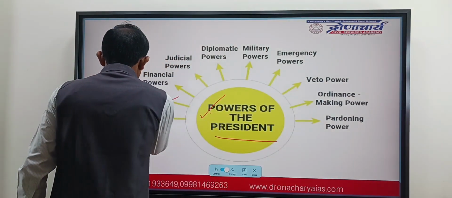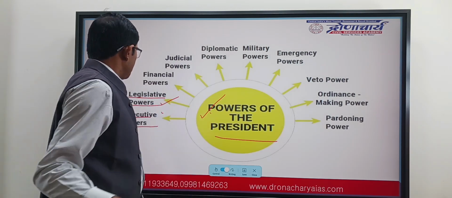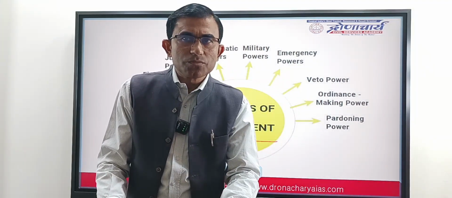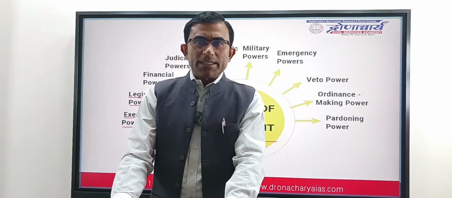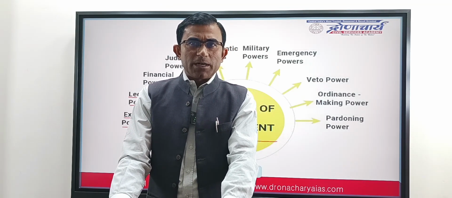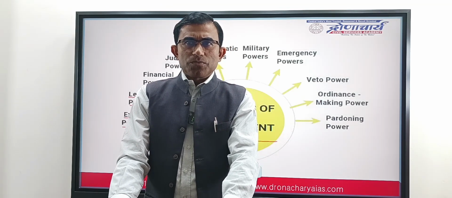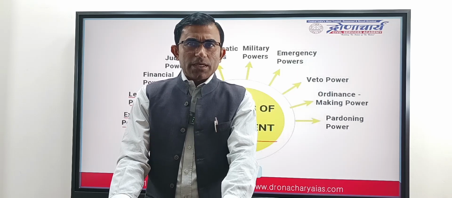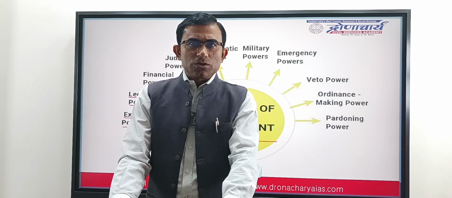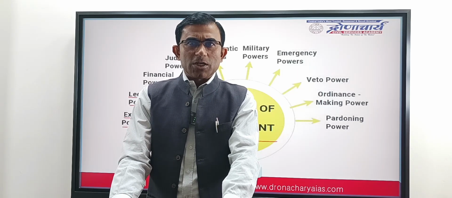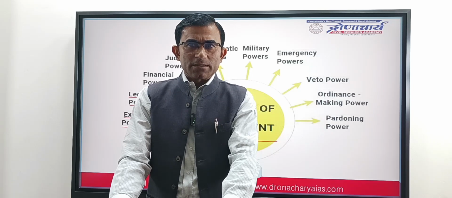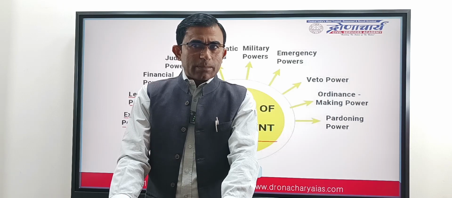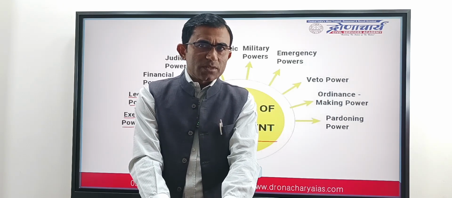Next is the legislative power of the President. The President has the power to summon, prorogue, or dissolve the Lok Sabha. A bill passed by both Houses of Parliament can become a law only if it has received assent from the President, subject to limitations.